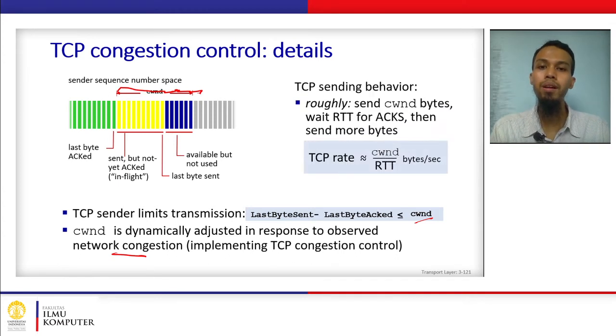Now we can roughly estimate the TCP rate as the congestion window divided by RTT. The congestion window tells you how many bytes are sent in that particular time, and RTT is a rough estimate of how long it takes to send the segments and then receive an acknowledgement. So this is just a rough estimate of the TCP rate.